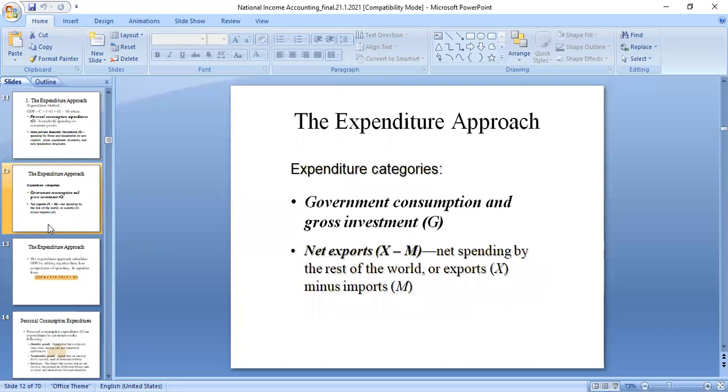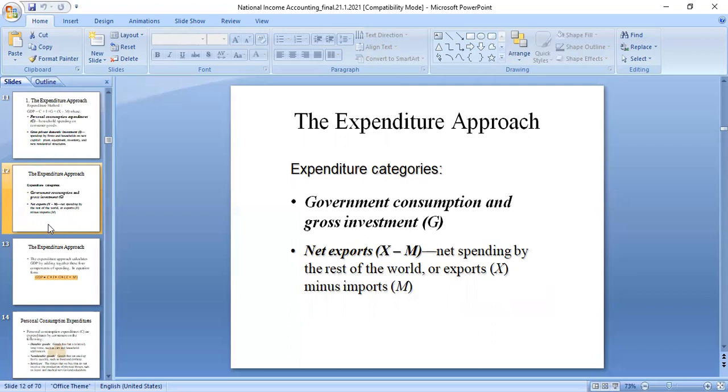Then G stands for government expenditure or government consumption, whereby the government does a number of spendings and investments, for example, in different sectors of the economy.